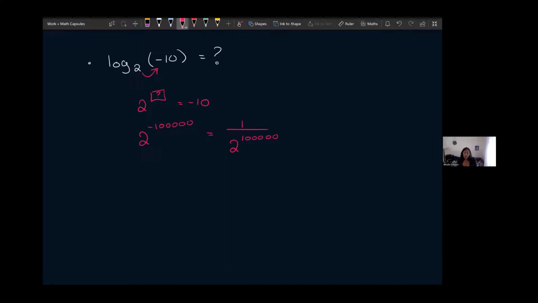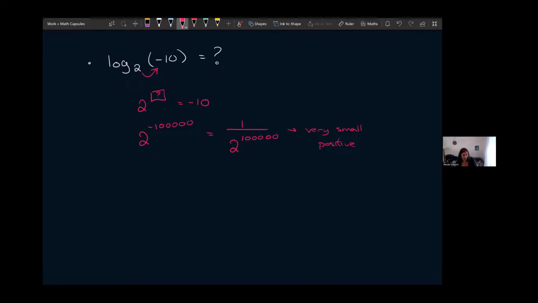So this would not be negative. It would be a very, very, very small number, but it would be positive. There's nothing I can do to get a negative value out of this exponent.